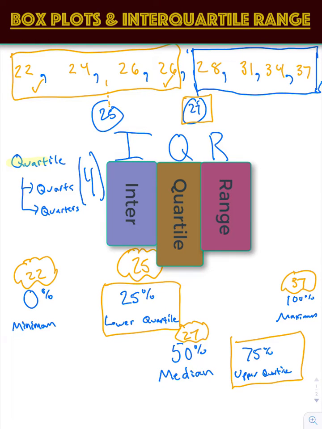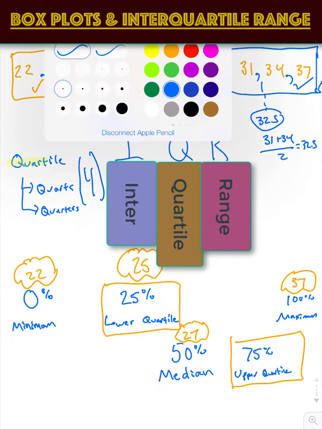When I look at the numbers on the upper half, I see that 28 and 37 would cancel, and that my upper quartile must be in between 31 and 34. To find the average of those two numbers, I would add them up and divide by 2. 31 plus 34 is 65, divided by 2 gives me 32 and a half. So that's what you call the upper quartile.